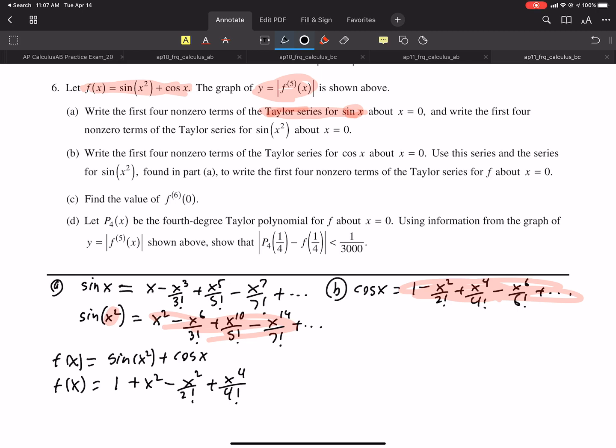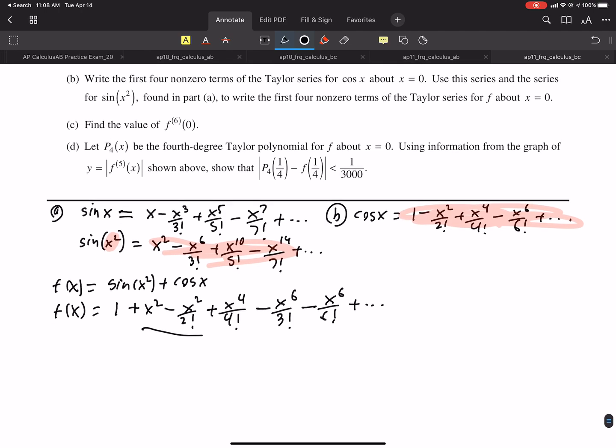And that's the first 4 terms. Let's see what it says. Oh, no. This is one term, so I need one more. So after x to the 4th, I have x to the 6th. So from the sine x squared, I get that. And from the cosine of x, I get that.